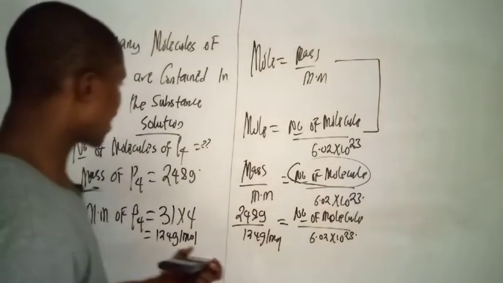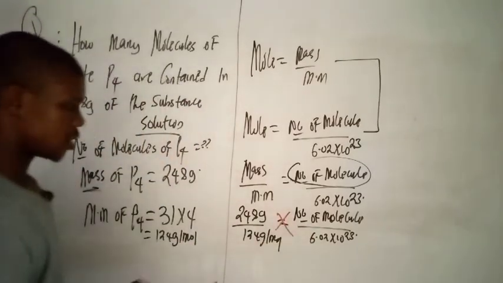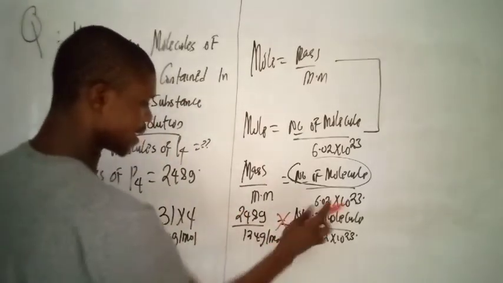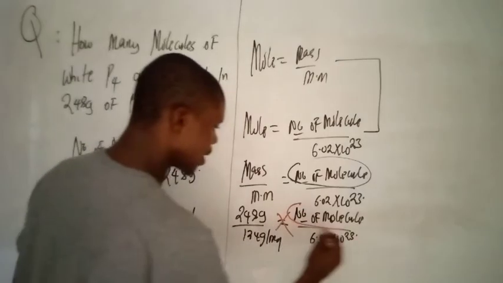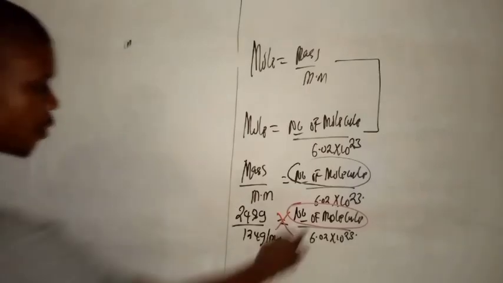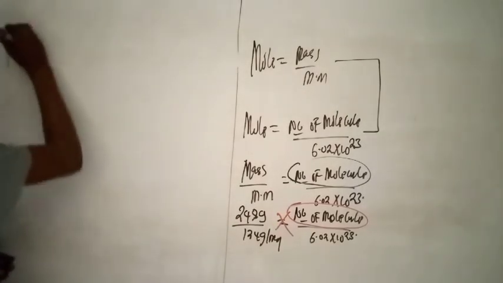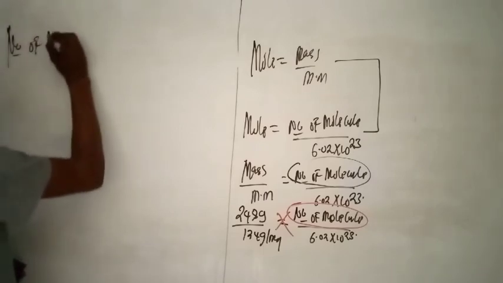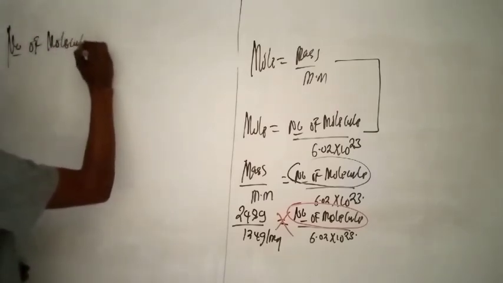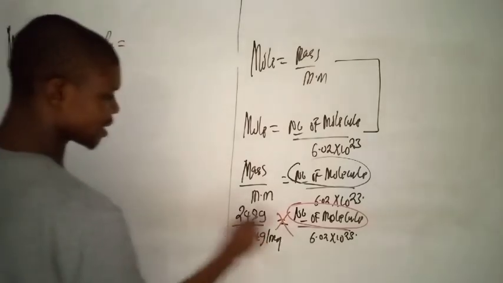If you cross multiply, this times this equals this times this. Make the number of molecules the subject of the formula. The number of molecules of P4 is going to be this times this.